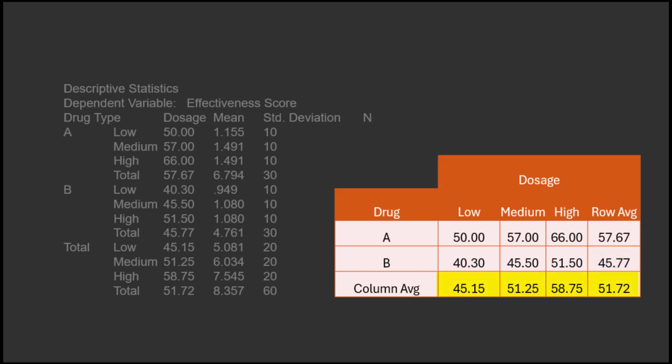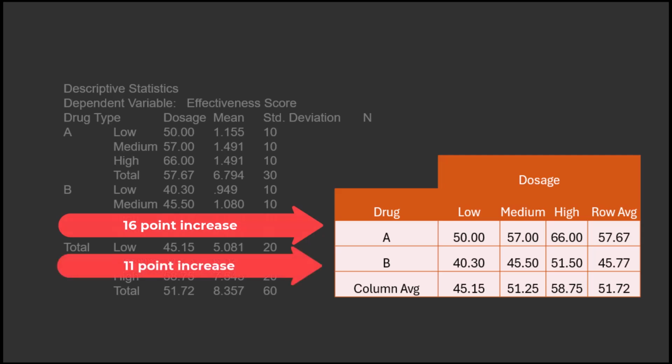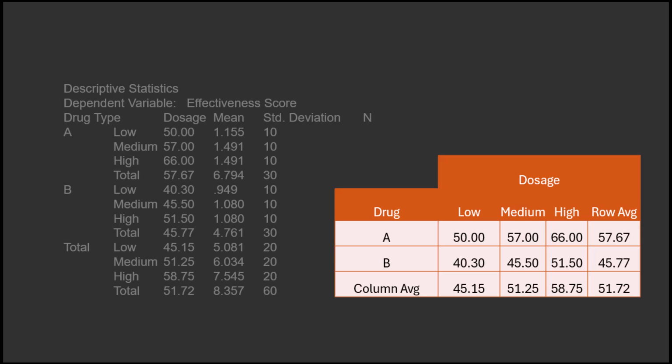Both those who received drug A and those who received drug B did better on higher dosages. Now let's look for any possible interactions. For drug A, scores went up a good deal more as dosage increased. Scores also went up for those who got drug B, but not as much. Now the question here is, were these observations statistically significant?